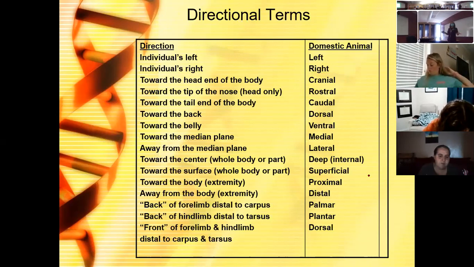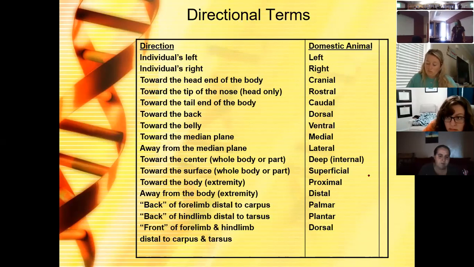Is everybody okay? So you basically just use proximal and distal for your arms and legs. Only your arms and legs. Everything else is going to be some of these others, which are for your trunk. I would never say that my neck is proximal, because what we're literally doing is measuring how far away I am from my trunk.